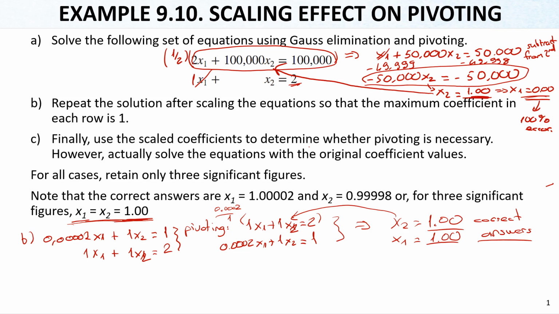So that seems to be confusing, but simply, with scaling, we have these equations. Pivoting is necessary. We see this.